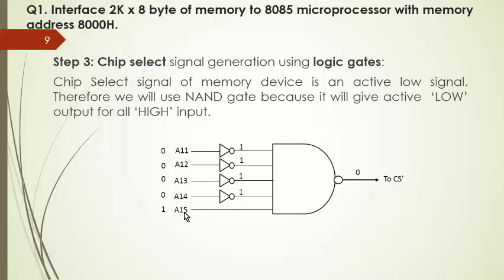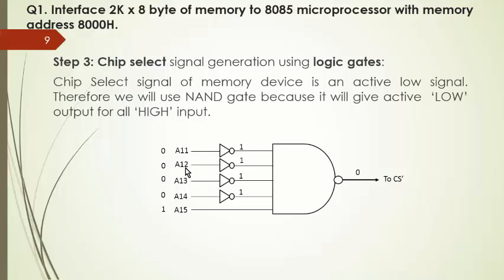As far as this NAND gate is concerned, for all high inputs, the NAND gate will give you the active low signal. Okay, so out of these address lines A11 to A15, A15 is already active high and A11 to A14 pins are active low or logic 0.